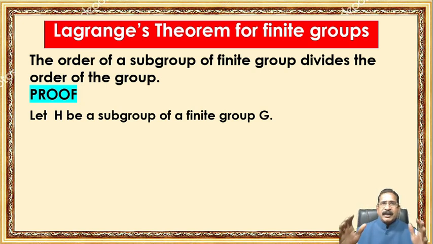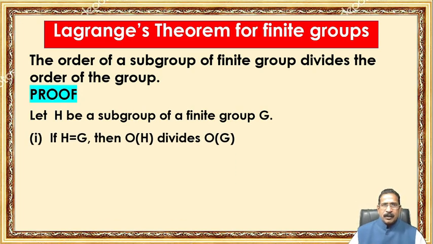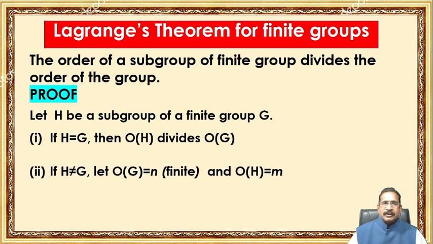Let H be a subgroup of a finite group G. If H is equal to G, why? Because every group is a subgroup of itself. Then if H is equal to G, order of H divides order of G is very clear, like 2 divides 2. Like that, order of H divides order of G.